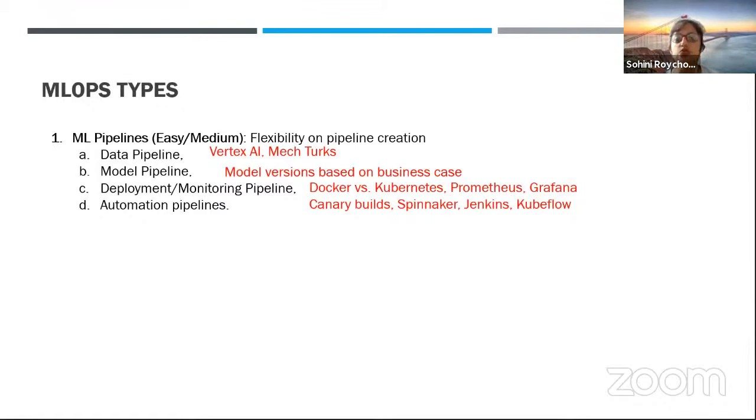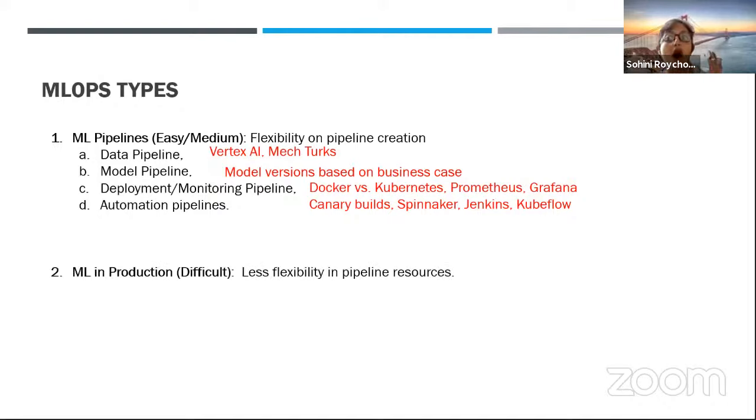Jenkins is another tool that is used for it. And Kubeflow pipeline is extremely useful to continuously build ML models so that your CI/CD pipeline can go seamlessly. Now, again, I say it's easy to medium. The first few, keeping everything asynchronous, is easy. Syncing everything up is the medium difficulty.